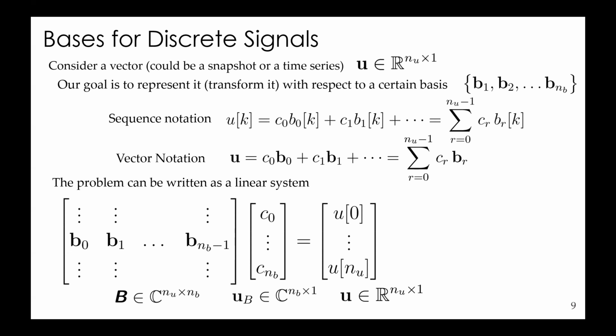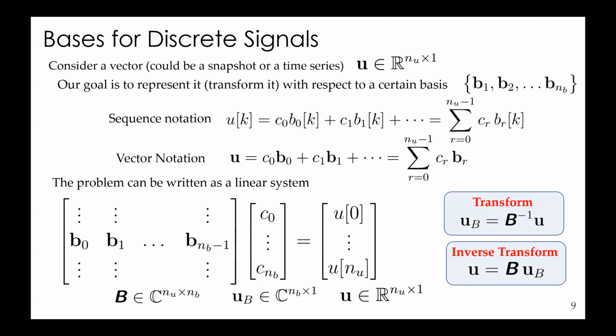Now, it can happen that I give you a basis, that will be the exercise. I give you a basis, I give you the signal, and you have to look for the coefficients. Okay, in this case, you have to solve a linear system, right? And we will generally say that when you solve this linear system to look for these coefficients, this coefficient is the representation of that vector with respect to the basis.